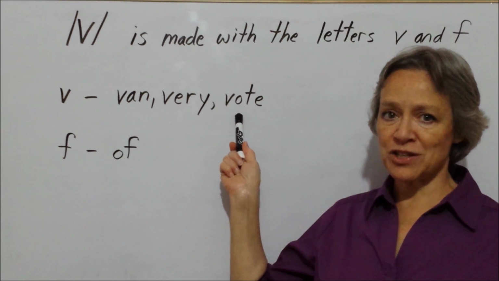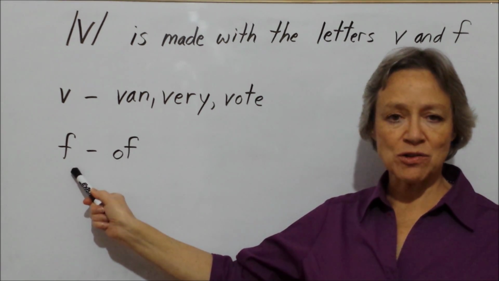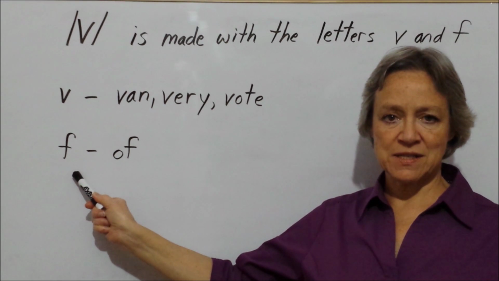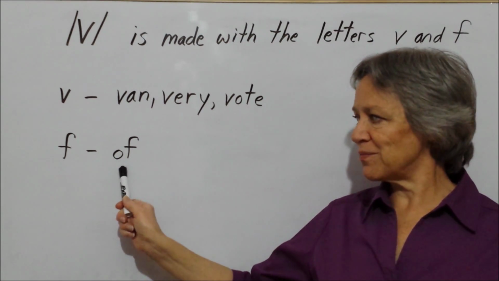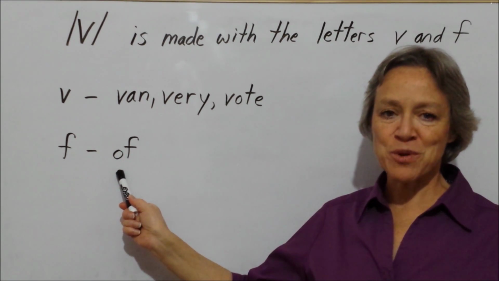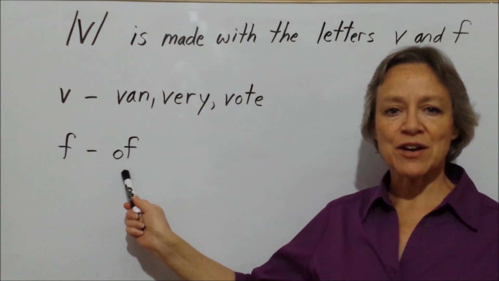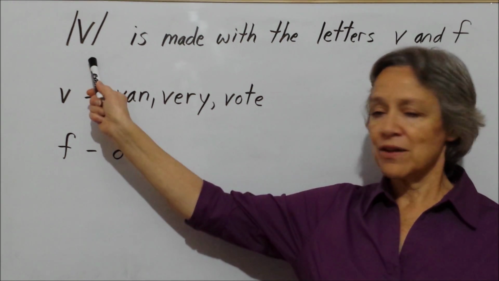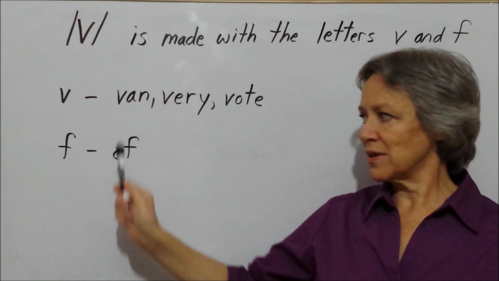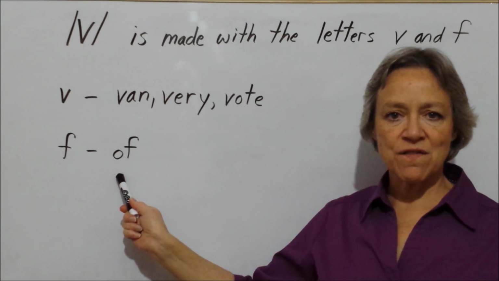However, occasionally the letter F also makes the V sound. Here's a very common word, the most common word, where the letter F makes the V sound. This is the word of.